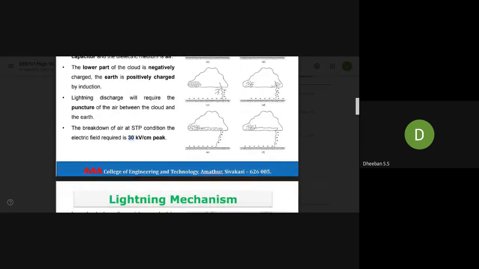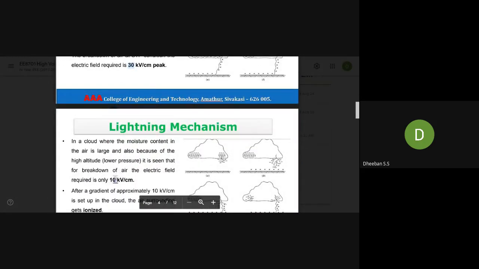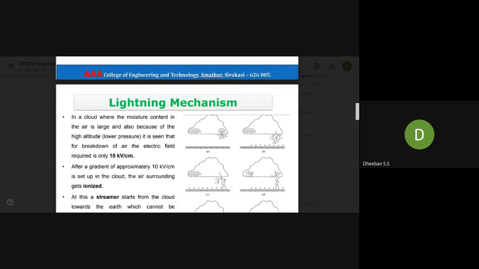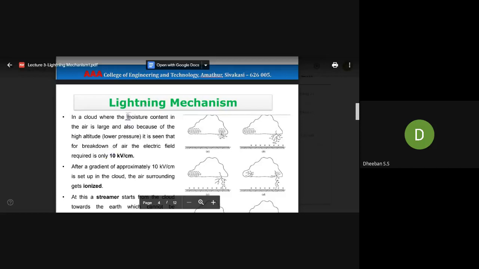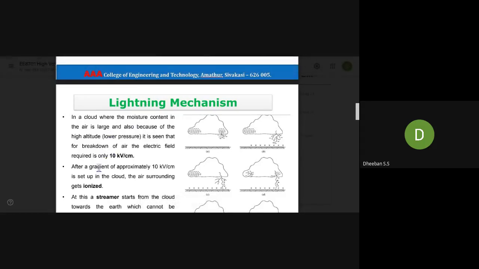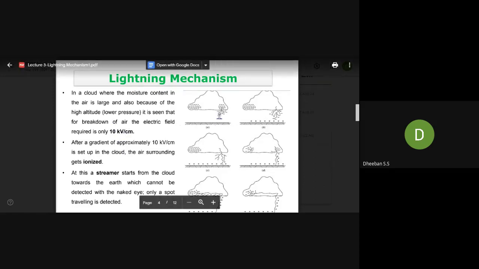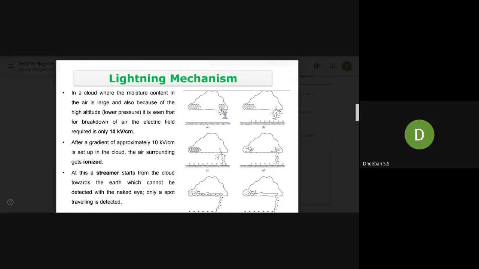The 10 kV is enough at very high altitude, at very high regions like hill stations.